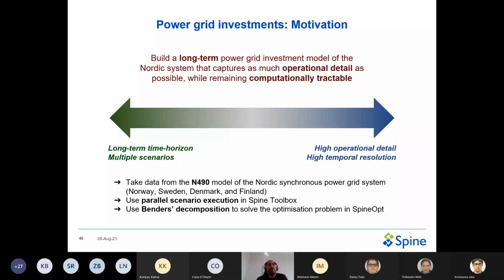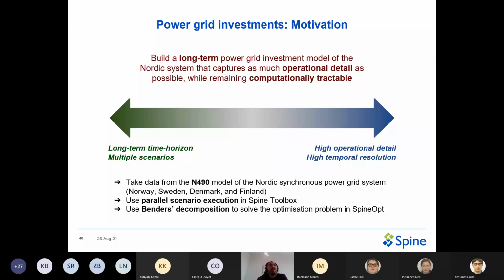I'm trying to present here the tension that exists between extending the time horizon for investment models and handling multiple scenarios, while at the same time trying to capture the operational detail at a high resolution. That typically leads to tractability issues or performance issues, if you want.